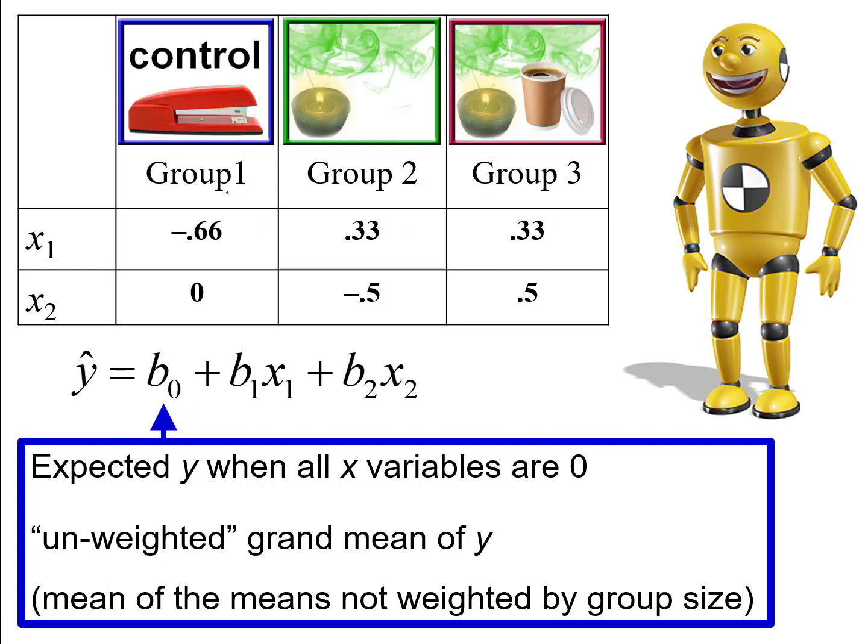So if group 1 is a really big group and group 2 is a small group, I'm not giving group 1 more weight because it's bigger, and I'm not giving group 2 less weight because it's smaller. I'm just taking the means for my 3 groups, adding them together and dividing by 3 to get the mean of the means for the outcome variable y, which is the level of happiness. So it's the mean of the means for the outcome variable y.